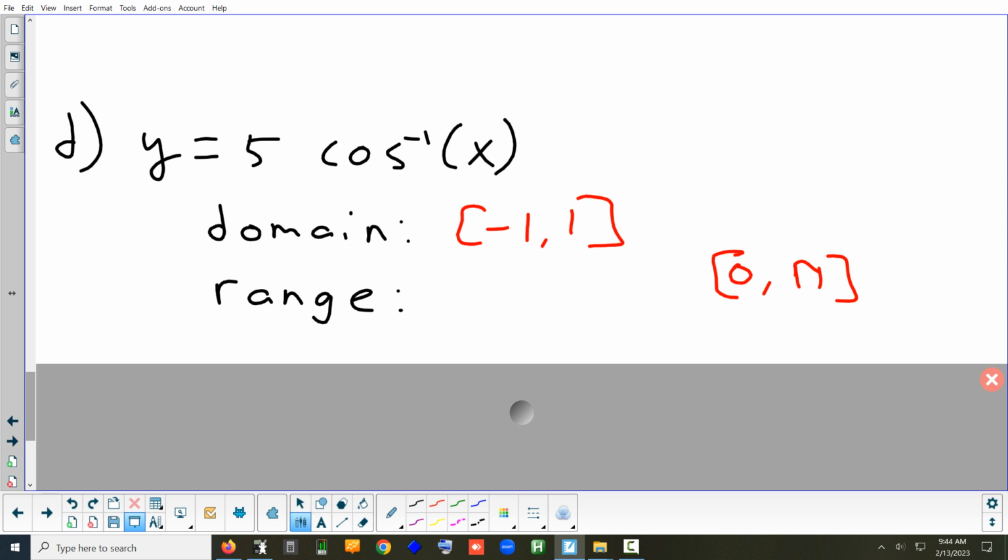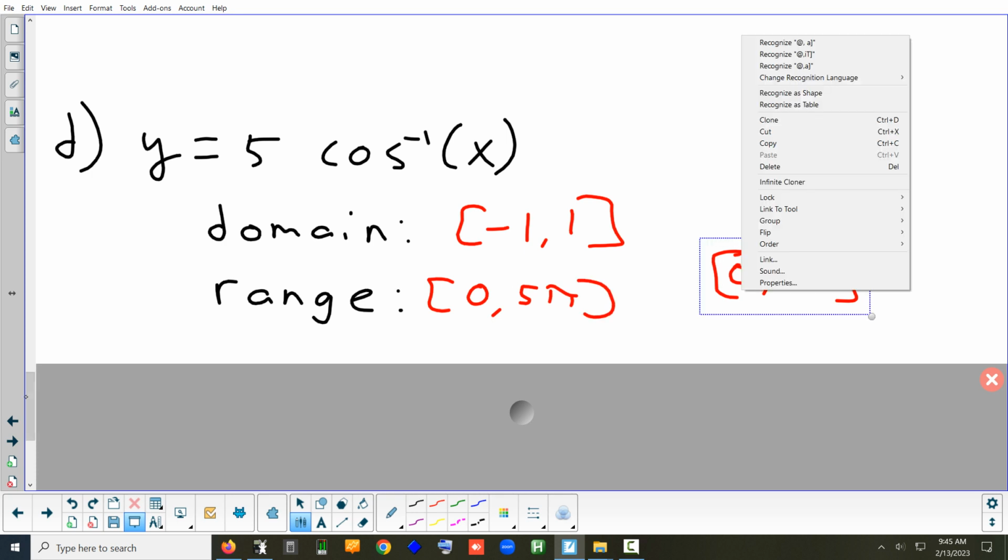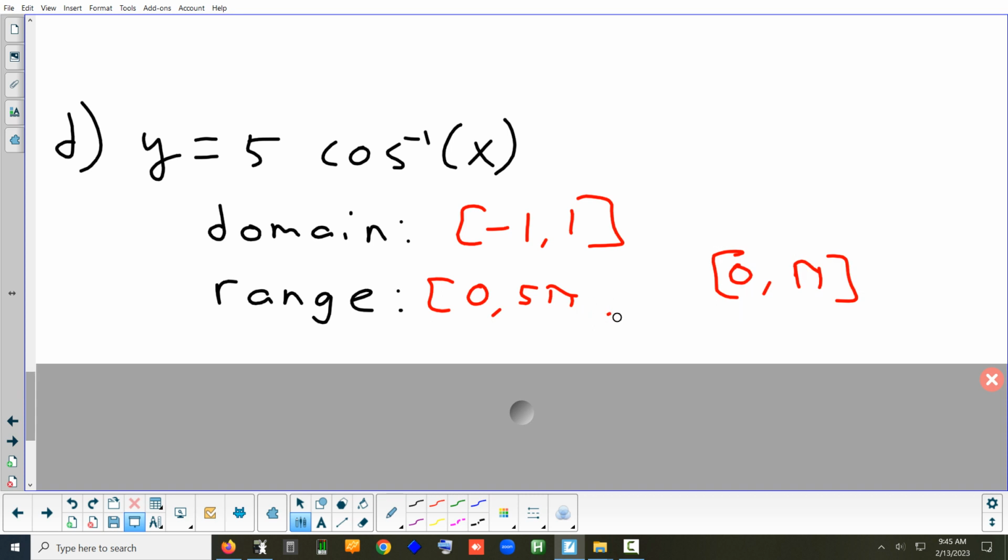So what's my new range going to be? Yep. 0 to 5 pi. Only reason that one stayed the same is because it was 0. When you multiply it by 5, it's still 0. That's a bracket. Any question on finding domain and range?